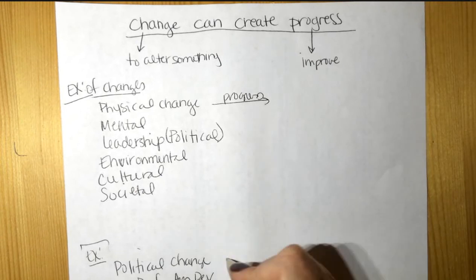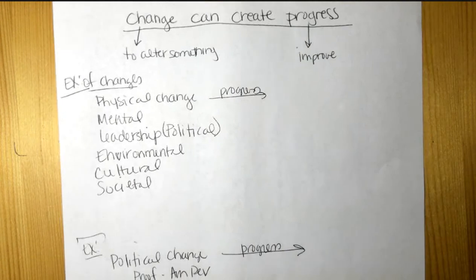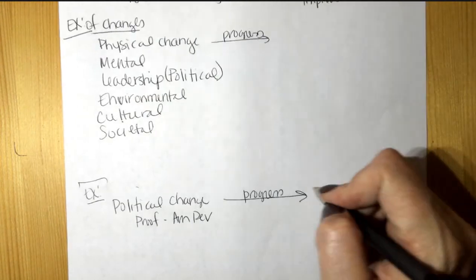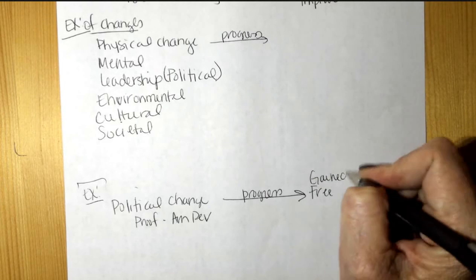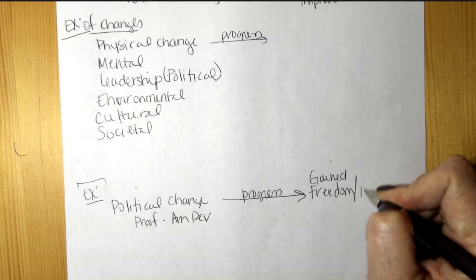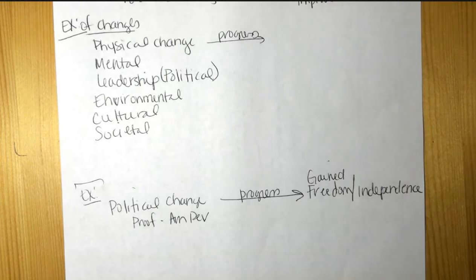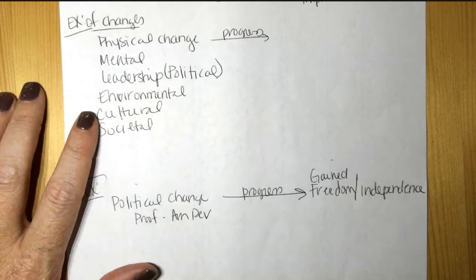And what kind of progress was made? Okay, so because of that, we gained our freedom. Or independence. Okay, so do you see where we're going with that? So notice we have to kind of dig into different types.